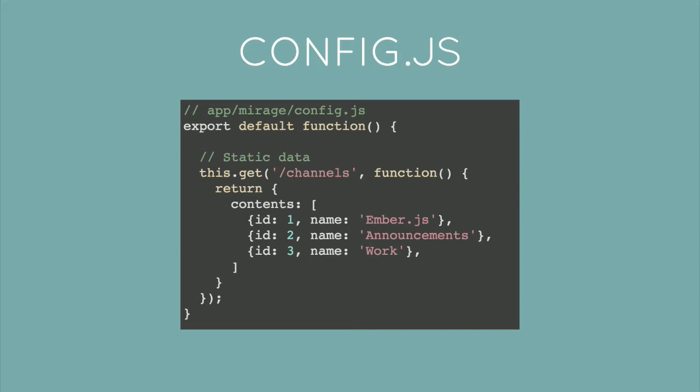So you have the key as contents, which actually should be channels, and then a couple IDs with names and properties, right? So that gets returned, and it gets stringified by Pretender before it comes back to the client side and gets deserialized by EmberData, or if you're not using EmberData, then you deal with it yourself.